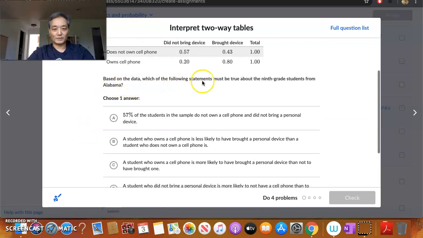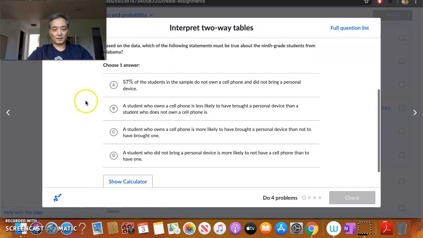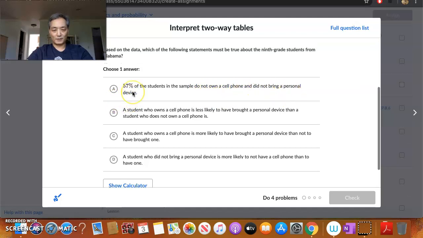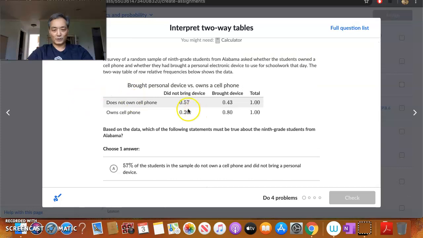Based on the data, which of the following statements must be true about the ninth grade students from Alabama? All right, so let's take a look at choice A. 57% of the students in the sample do not own a cell phone and did not bring a personal device. Well, unfortunately, this 0.57 doesn't relate to the proportion of the total number of students.